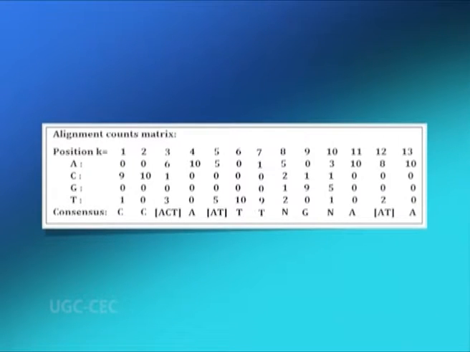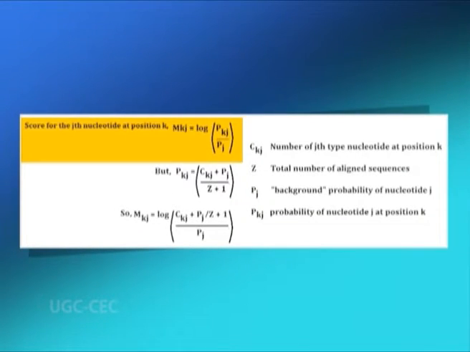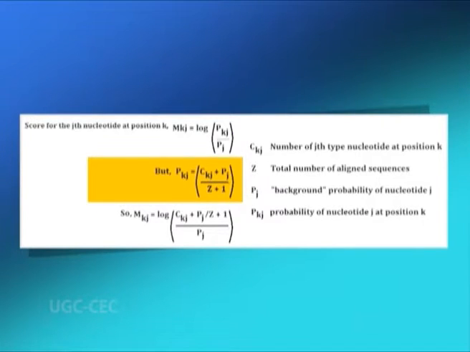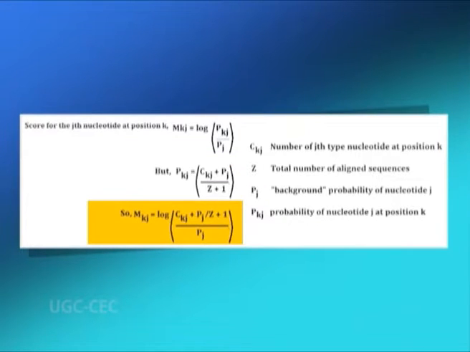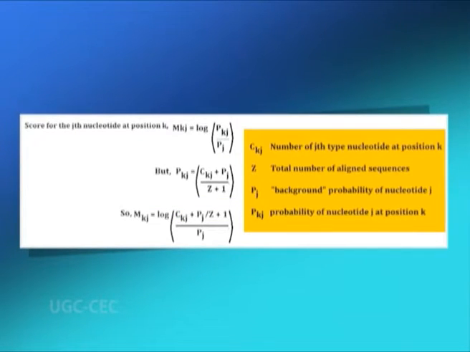So, the alignment count matrix can be calculated as follows, and the consensus sequence derived is CCNACTAATTTNGNATA. The score for the jth nucleotide at position k, mkj, is calculated as log of pkj by pj, but pkj is ckj plus pj by z plus 1, and so mkj is log of ckj plus pj by z plus 1 by pj, where ckj is the number of j type nucleotides at position k and z is the total number of aligned sequences, where pj is the background probability of nucleotide j and pkj is the probability of nucleotide j at position k.